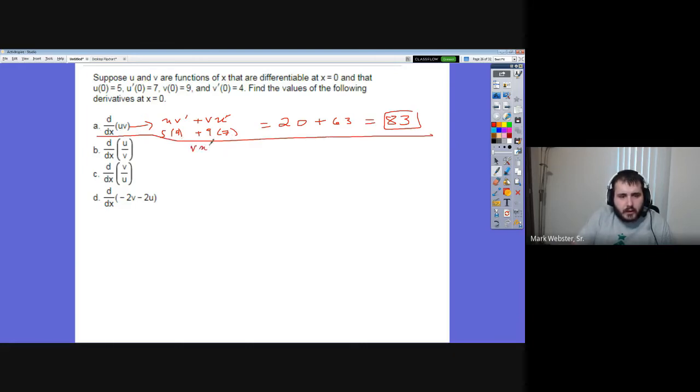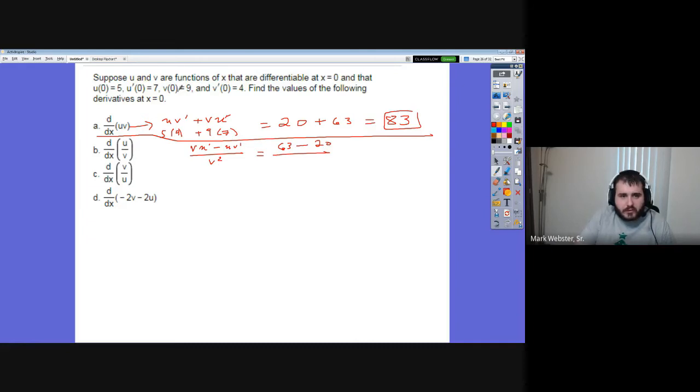Low d high minus high d low over low squared. And so now we can just plug it in, just like we did before, right? I'm going to cut to the chase a little bit. V times U should be 63, just like it was up here. U times V had better be 20.